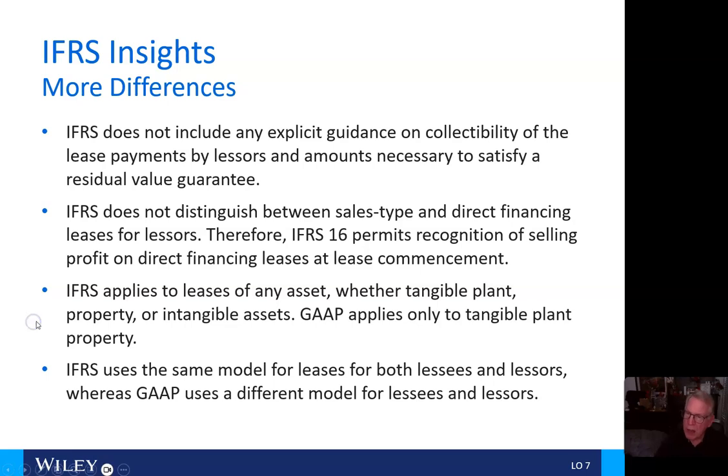Number three, IFRS applies to leases of any asset, whether tangible property, plant, or intangible assets. GAAP applies only to tangible property. And number four, IFRS uses the same model for leases for both lessees and lessors, whereas GAAP uses a different model for lessees and lessors.